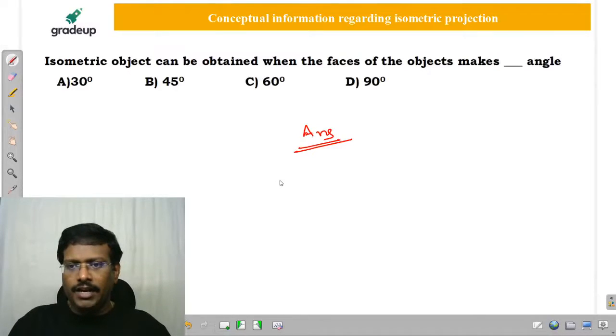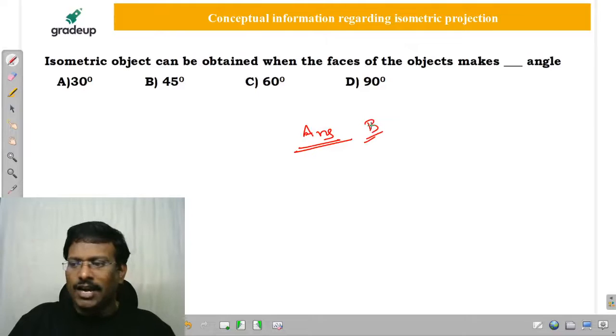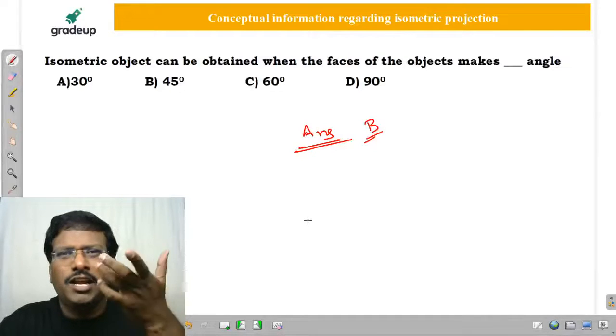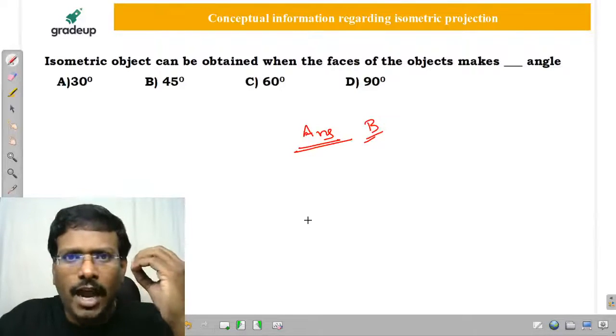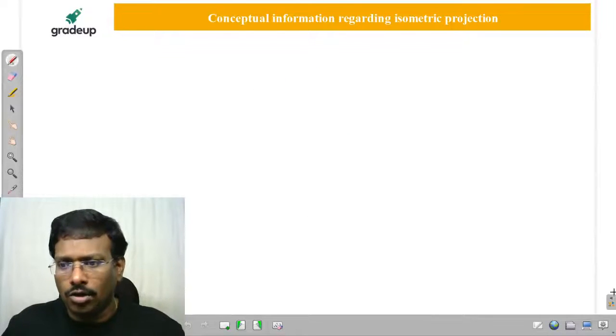Excellent, my dear friends. Option B is the correct one. Because once you know the concept, giving the answer is at your fingertips. By the time you complete your statement, you can answer the question.